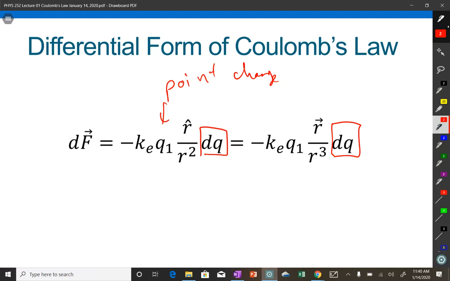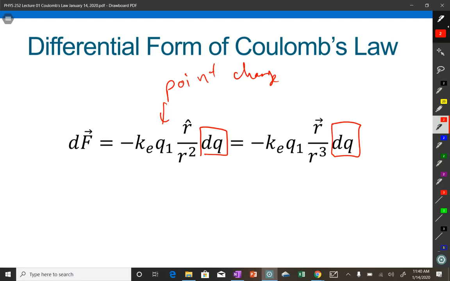So we're going to use this equation to find the force between a point charge and a charge distribution. Now, if you had two charge distributions, you could further generalize this and have a dq1 and a dq2 and do an integral over both of them to calculate the force between two objects with charges spread over each one. No, we're not doing it.